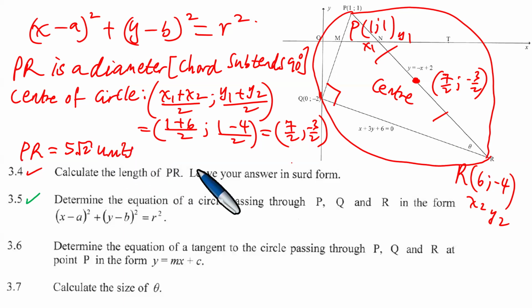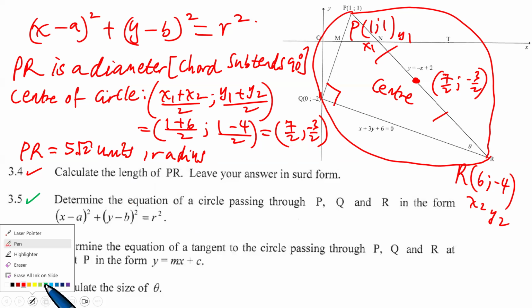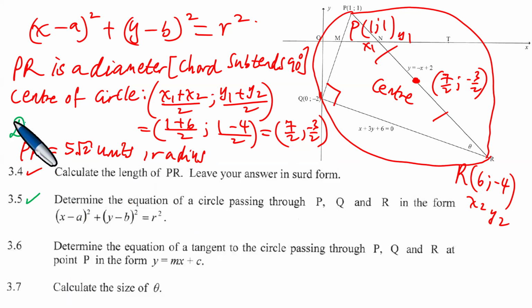If this is the case, then what is the radius? Obviously, PR is a diameter. The radius means that you take the diameter and divide by 2.